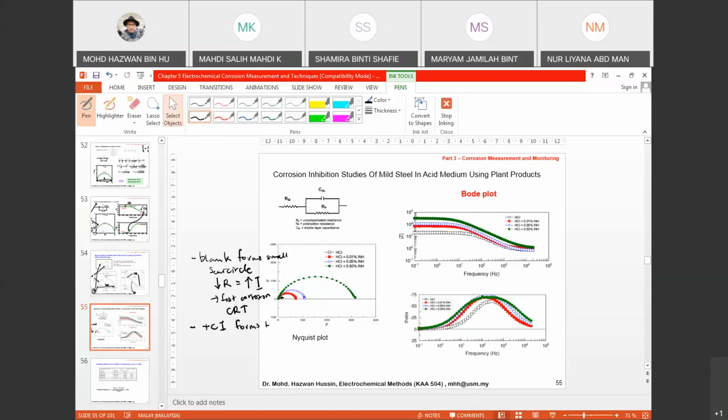The other thing is the phase angle. Phase angle tells you about the rotation of your response signals, but at the same time it also explains how difficult the rotation is.